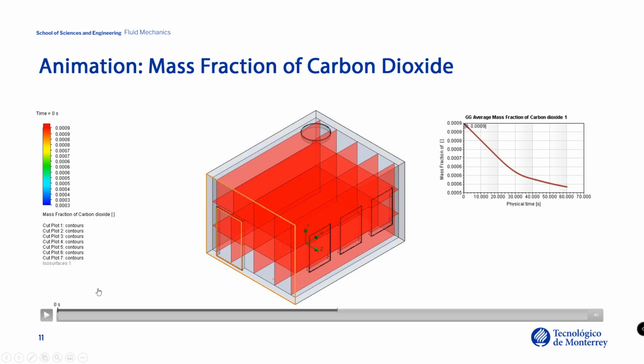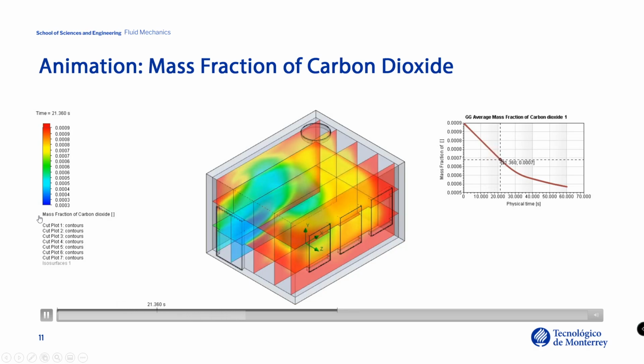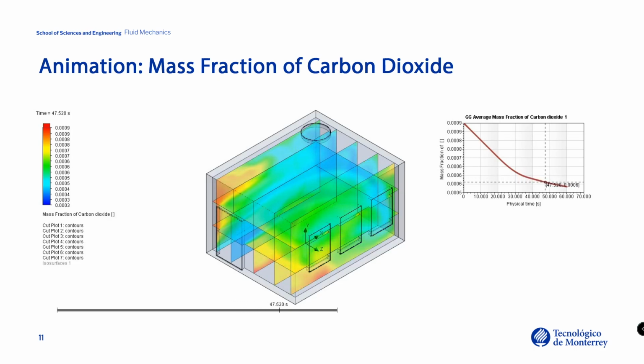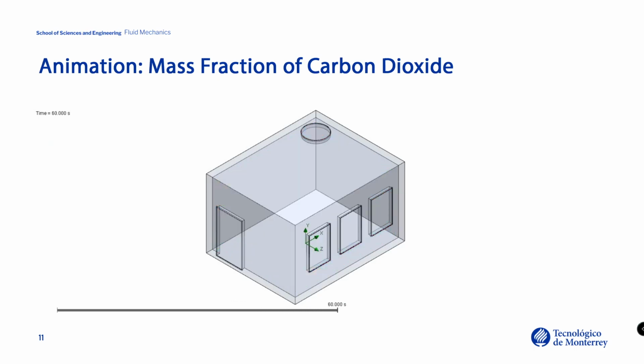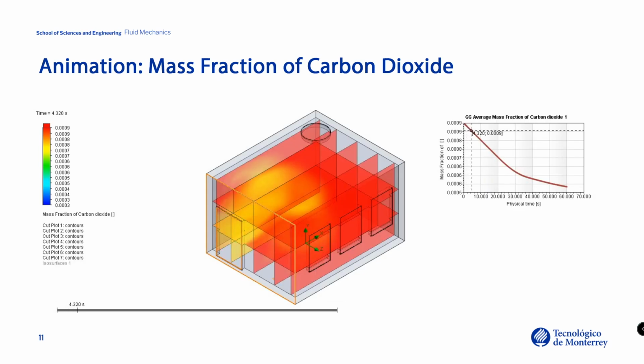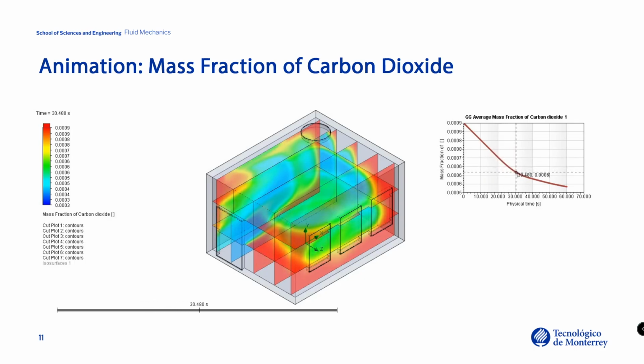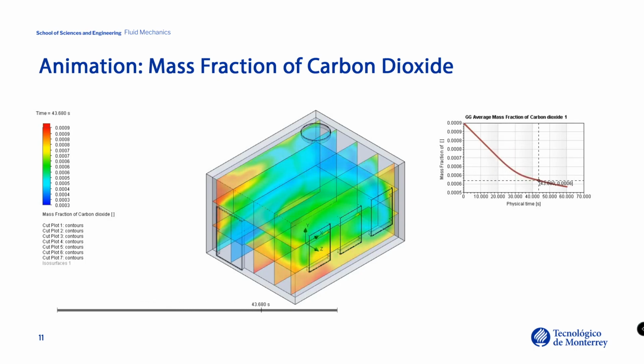In this case we have an animation, and it's showing a cloud type of plot where you can see how the concentration of CO2 is changing in time. Here you have something similar but in another view.